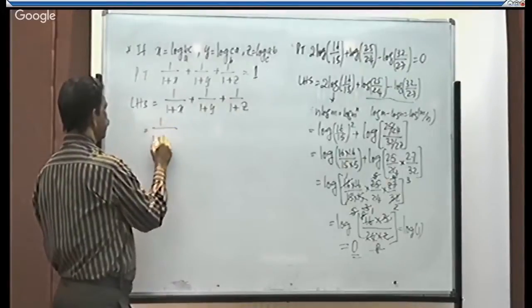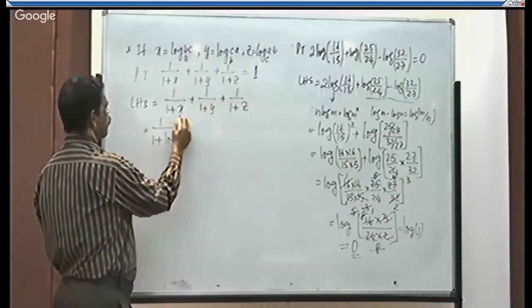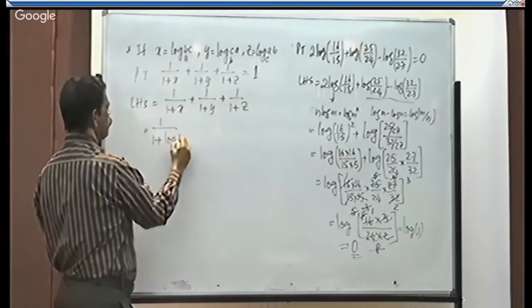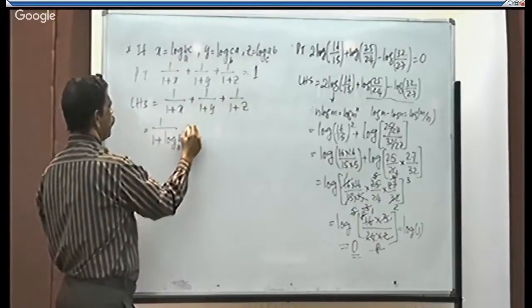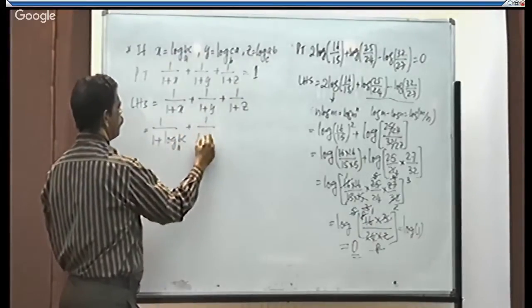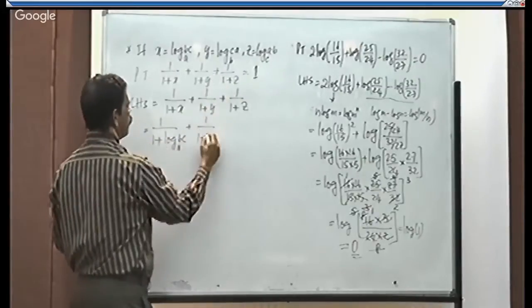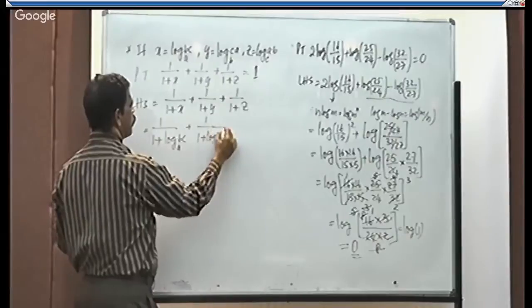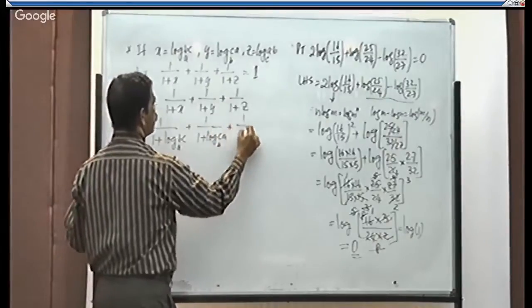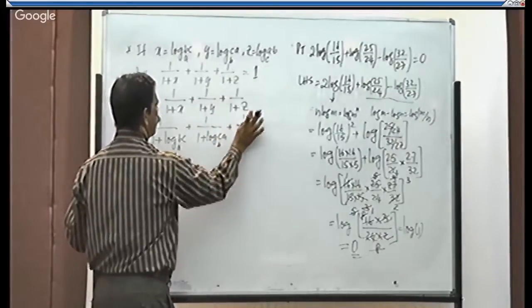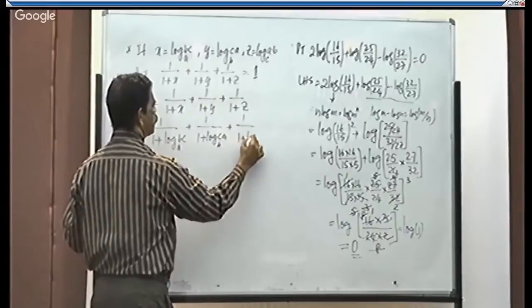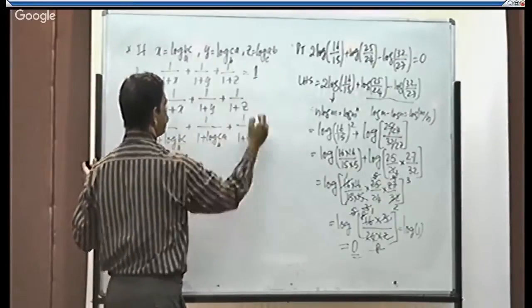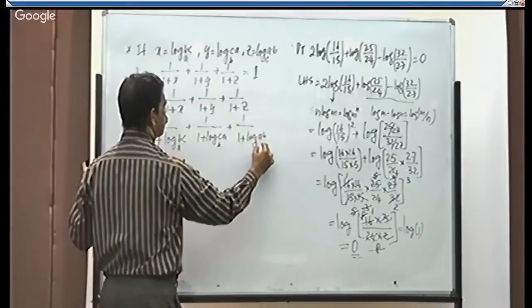It is equal to 1 divided by 1 plus log bc to the base a, plus 1 divided by 1 plus y. What is y? It is log of ca to the base b, plus 1 divided by 1 plus log of z. Z is equal to what? ab to the base c.